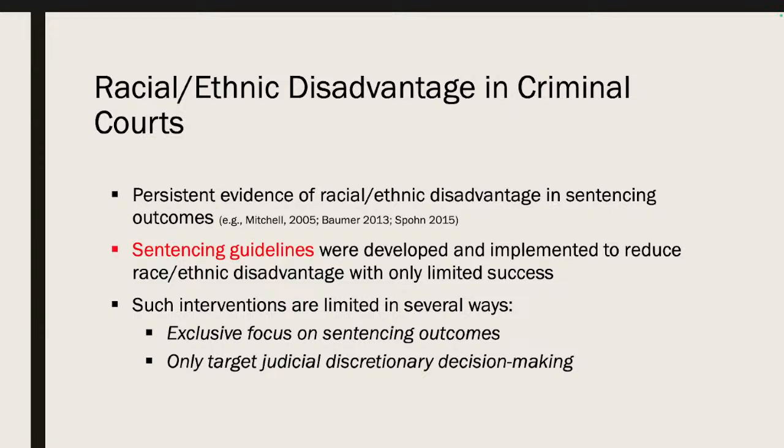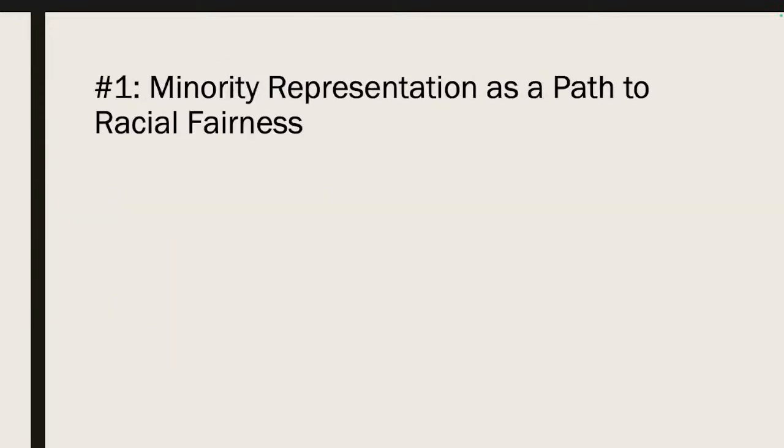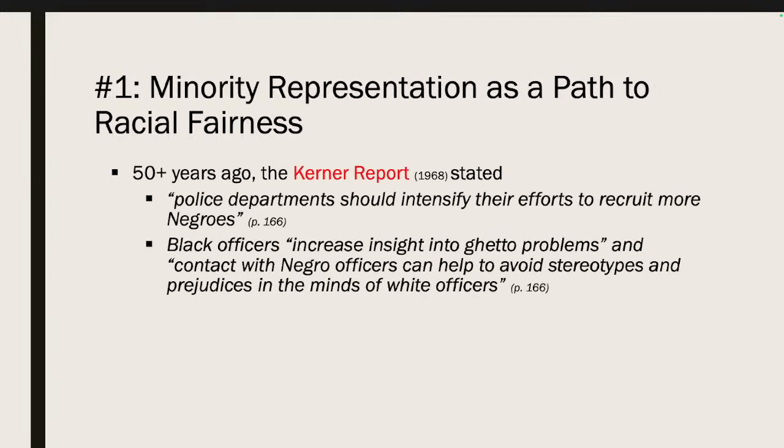So the first alternative method to sentencing guidelines that's been touted in many quarters is increasing minority representation among court actors as a means to achieving greater racial fairness. For example, in 1968, the Kerner report, a U.S. report issued on protests and riots in the United States, often sparked by police actions.